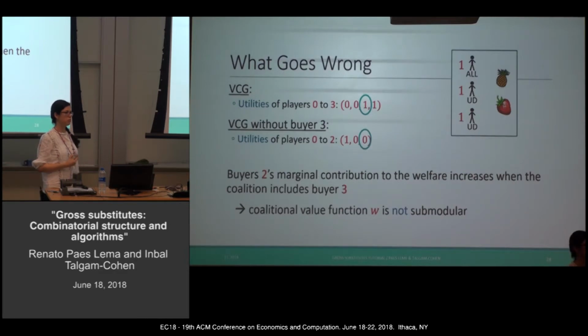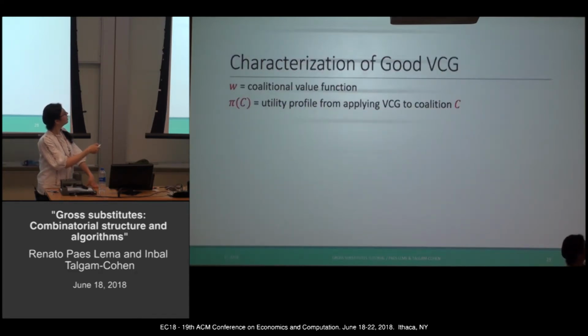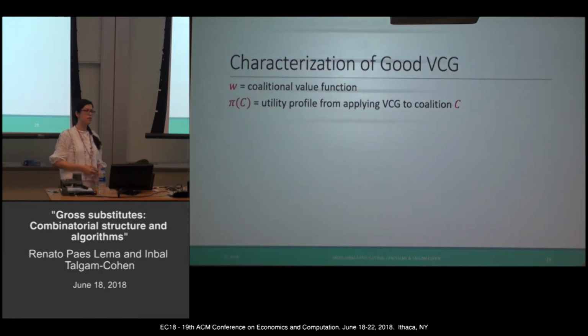The marginal contribution of one of the players is going up as the set increases. So it's not submodular. And it turns out that this is the only thing that can go wrong. If W is actually submodular, then VCG has great properties, and we'll see that it's submodular exactly if all the valuations are gross substitutes.